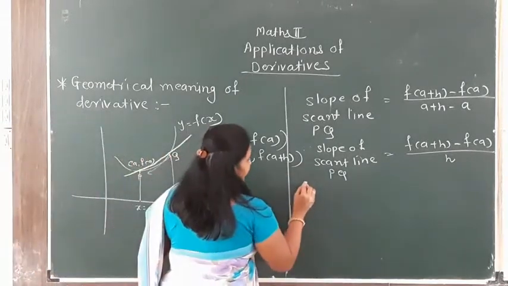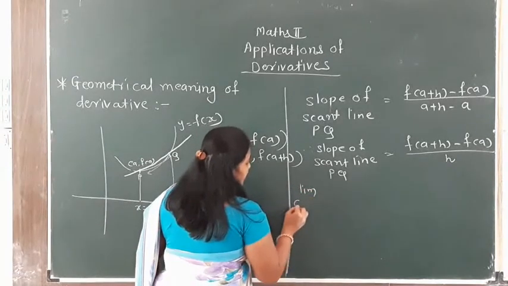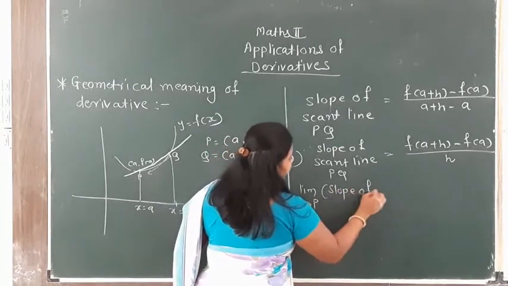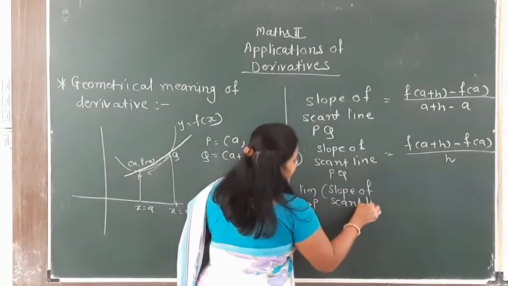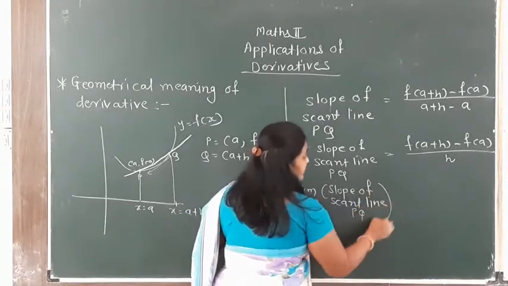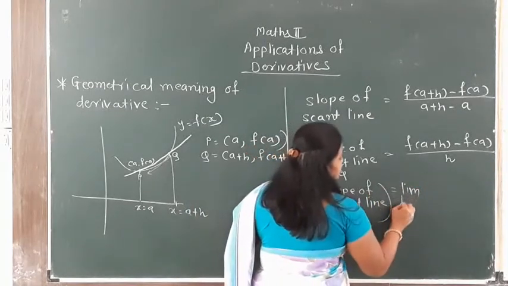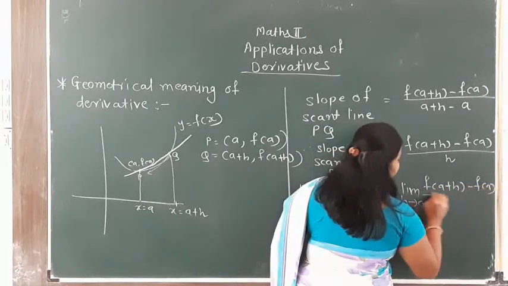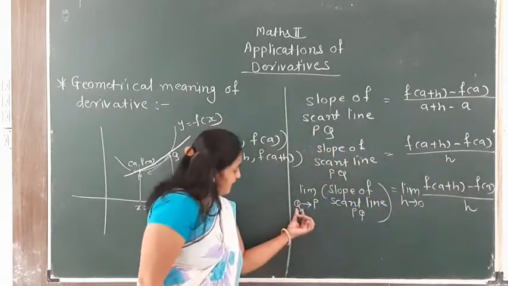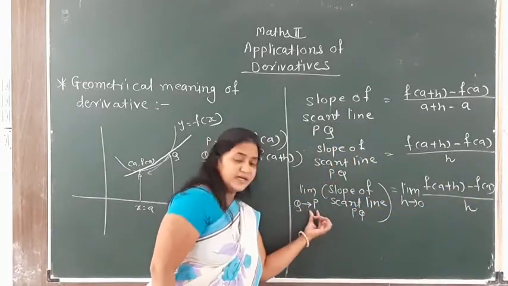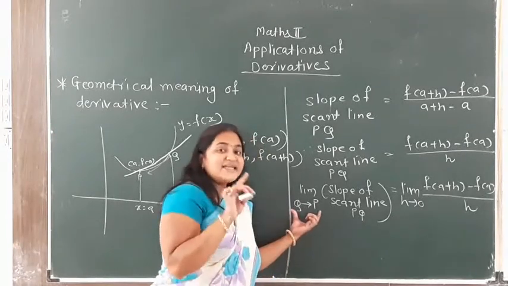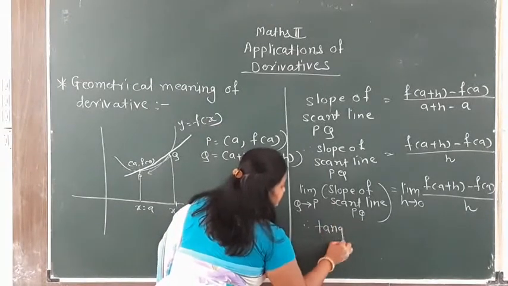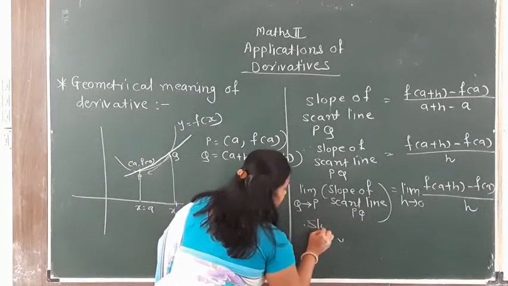Means taking the limit Q tends to P of the slope of secant line PQ, that time we take the limit h tends to 0 of f of a plus h minus f of a divided by h. Now Q approaches P, so it is called the tangent to the curve.